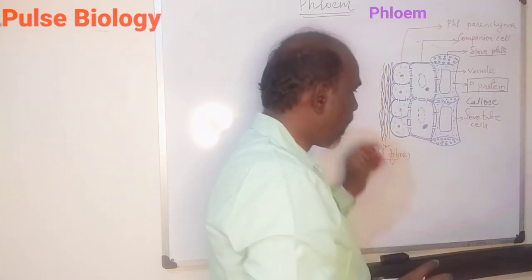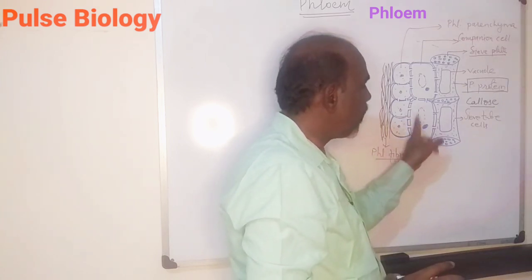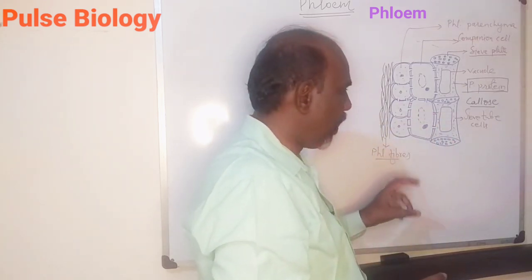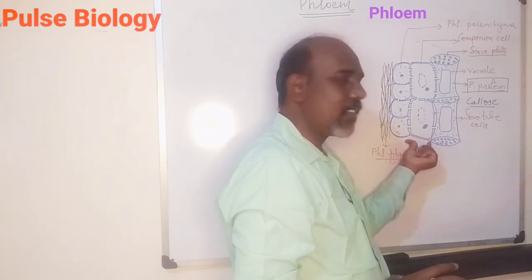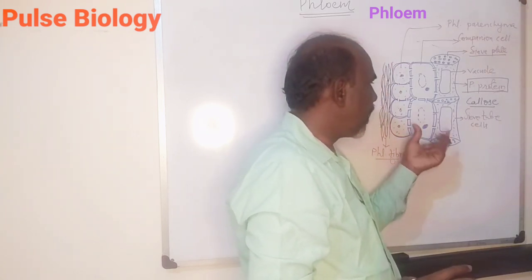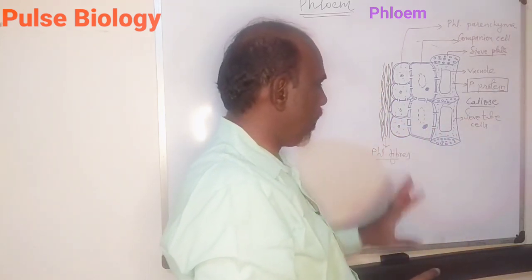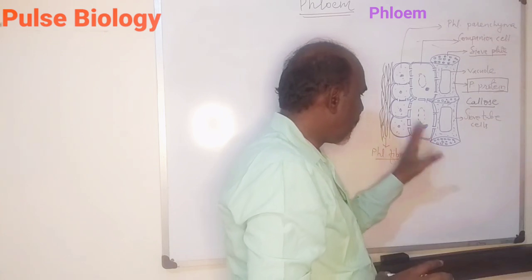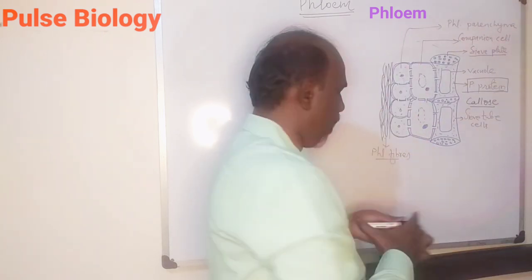But the sieve tube has no nucleus and companion cells have a nucleus. So this nucleus controls the functioning or metabolic activity of the sieve tube cell, and therefore they are called companion cells. They compensate for the loss of the nucleus in the sieve tube, and therefore they are given the name.